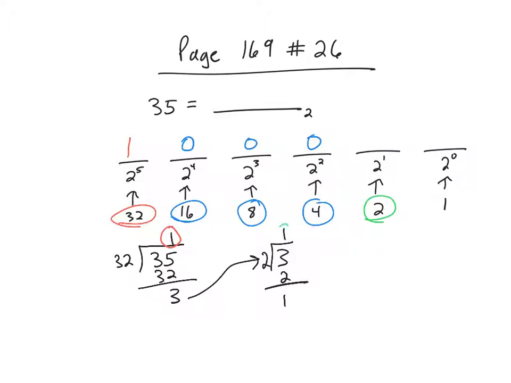So since this number is 1, I need 1, 2 for my number. My remainder is 1. My next spot that I'm looking at is the 1s place. So I need to find out how many 1s go into 1, and we know that the answer to that is 1. So this becomes a 1, which means the number 35 in base 2 is 1, 0, 0, 0, 1, 1.